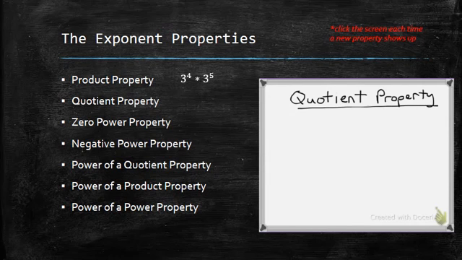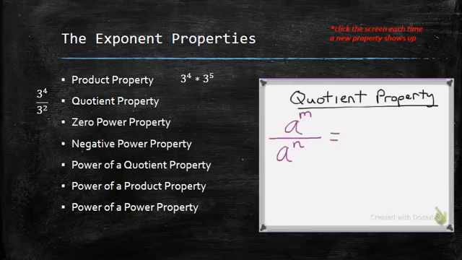So next up, we're going to look at the quotient property. Quotient is the answer to a division problem, so we need to have a division problem. The quotient property is a, representing our base, raised to the m power, divided by a to the n. We still have common bases, and when you divide, you subtract. When you multiply for the product property, you add.